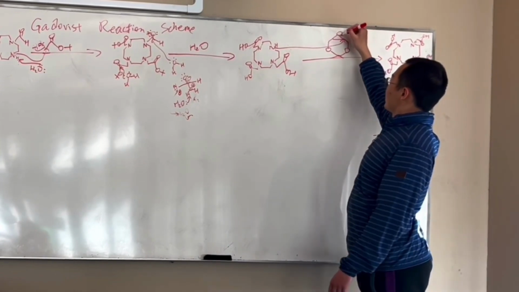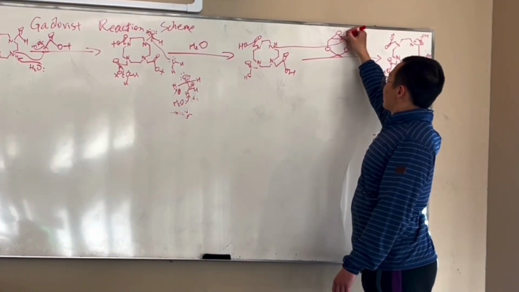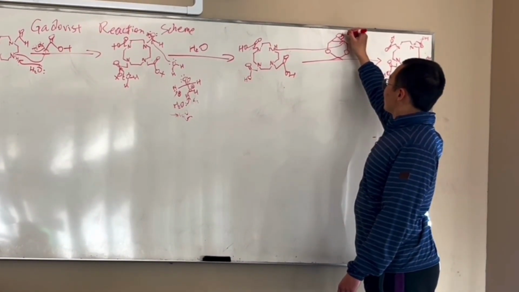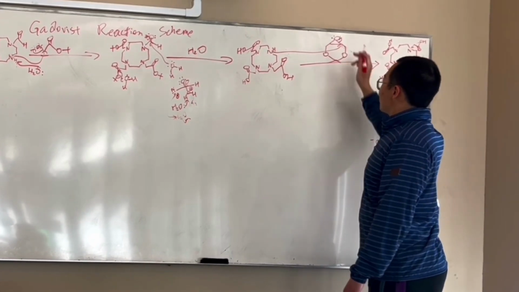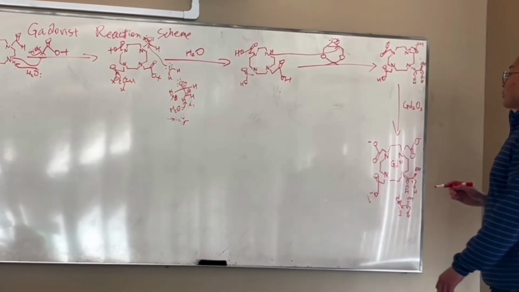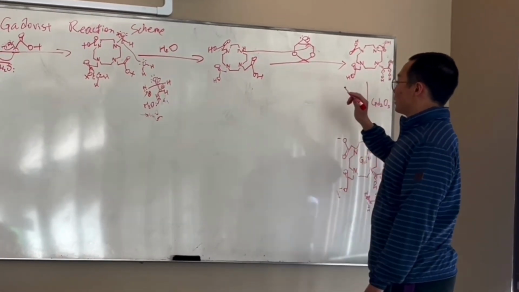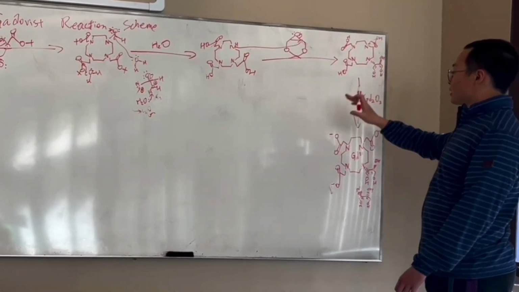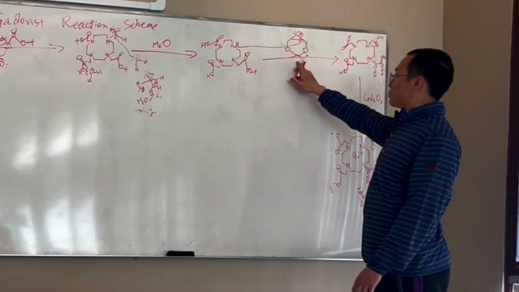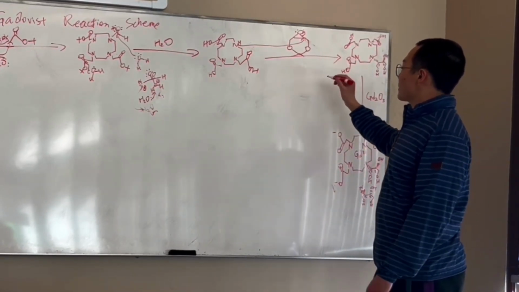So this will break open the epoxide ring, and the oxygen will protonate. What also happens here is that the ketone bond will be broken open.